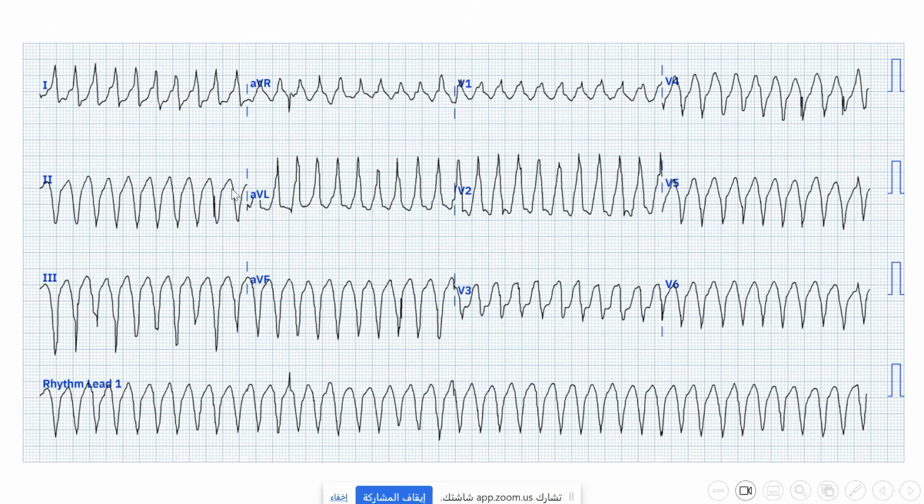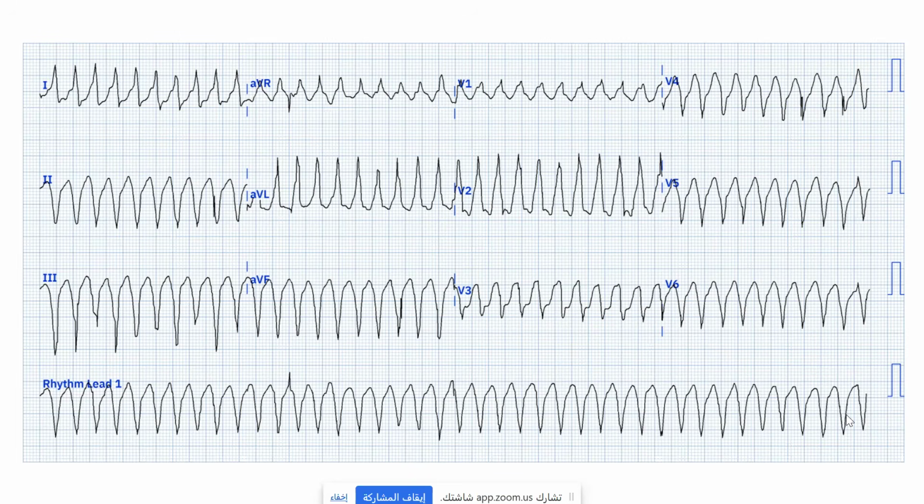Look at lead 3. Why are the beats variable in shape? Even in the rhythm strip, there are beats different from the other beats. What is the reason for that? These are fusion beats.